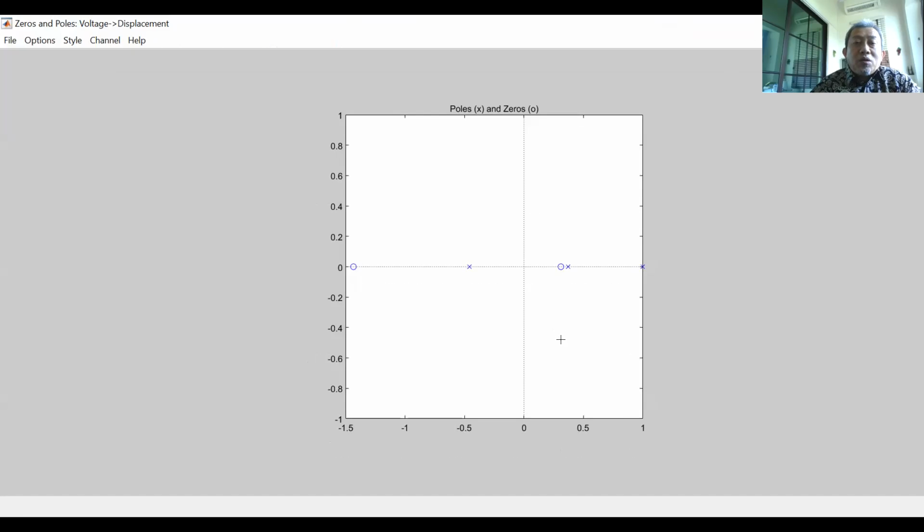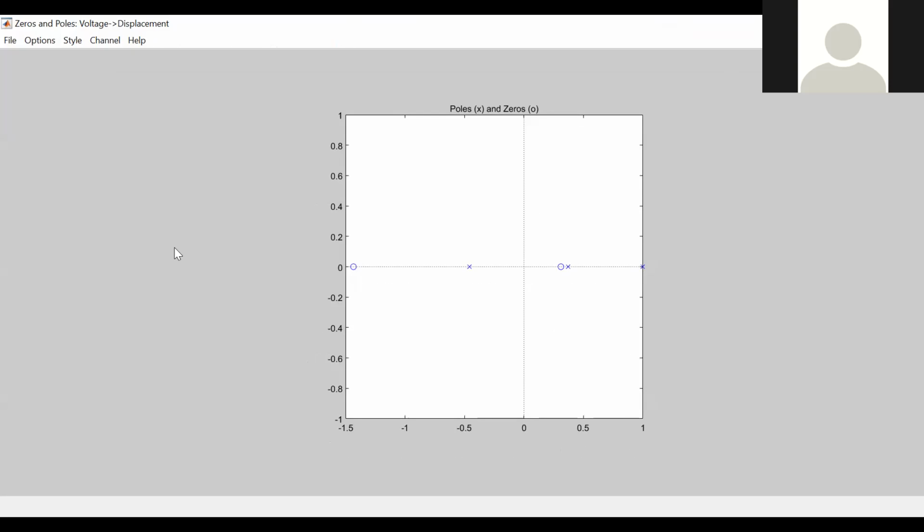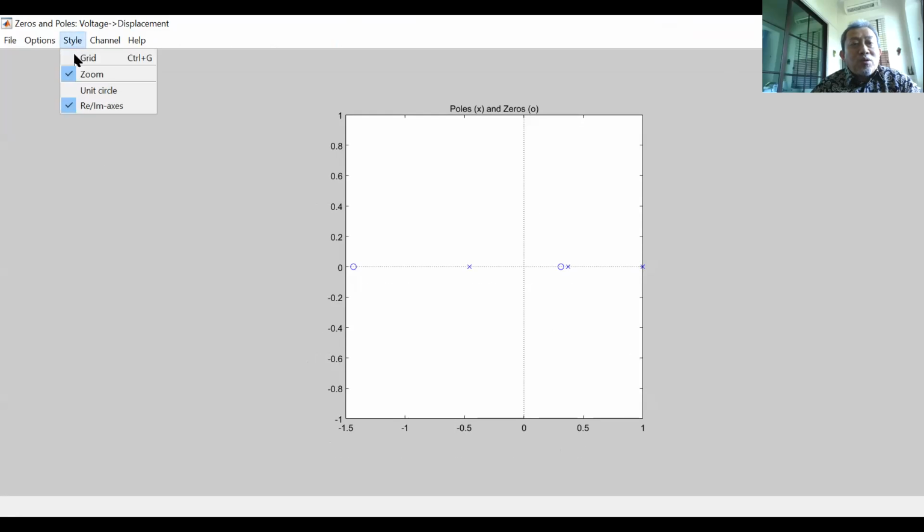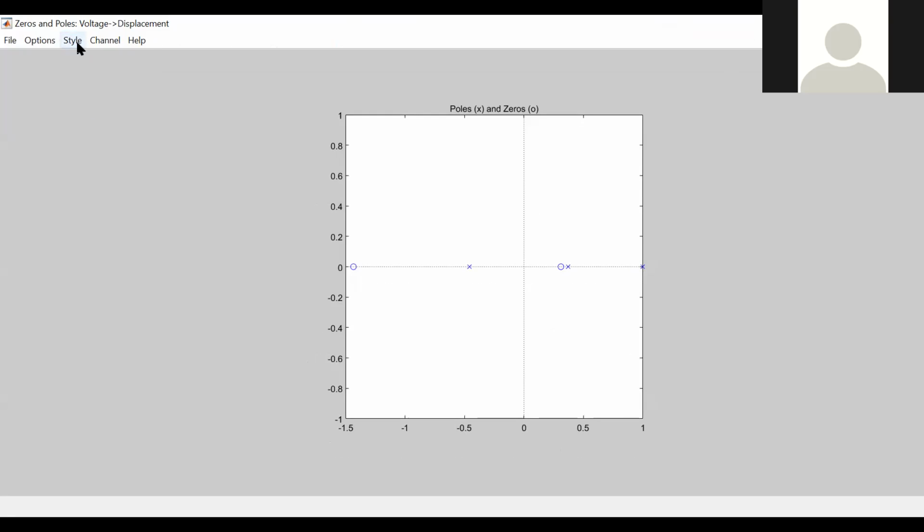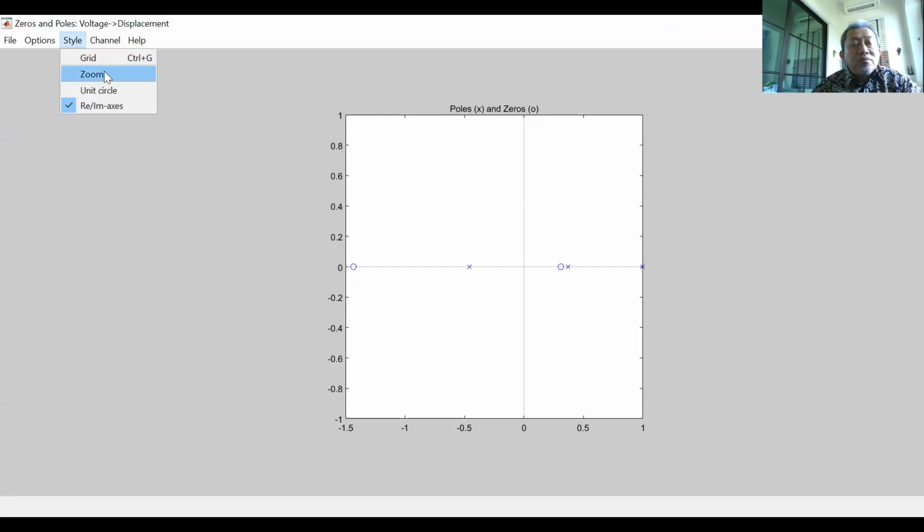So macam mana nak keluarkan unit circle? Oh, itu lupa. Mana boleh lupa? Malam dah cakap. Disable zoom pada style ni, disable zoom. Dia letak grid. Okay, kemudian letak unit circle.